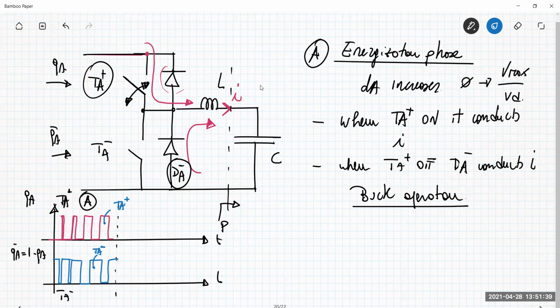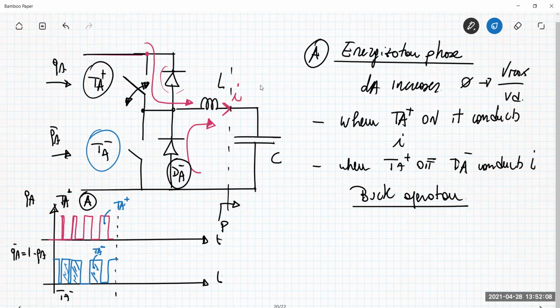But first of all, look at what happens here. Even if Ta minus becomes on, for example, here, here, and here, in that specific situation the current is not conducted by Ta minus. It never conducts the current.